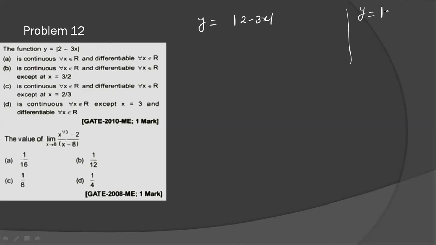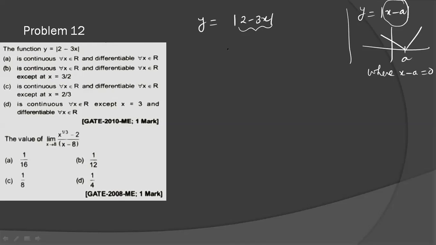If a function is mod x minus a, this function is not differentiable where x equals a, where x minus a is 0. At that critical point, the function is not differentiable. But it is continuous everywhere, because in drawing the graph we are not lifting the pen. The mod function is continuous but not differentiable where we get the sharp point.